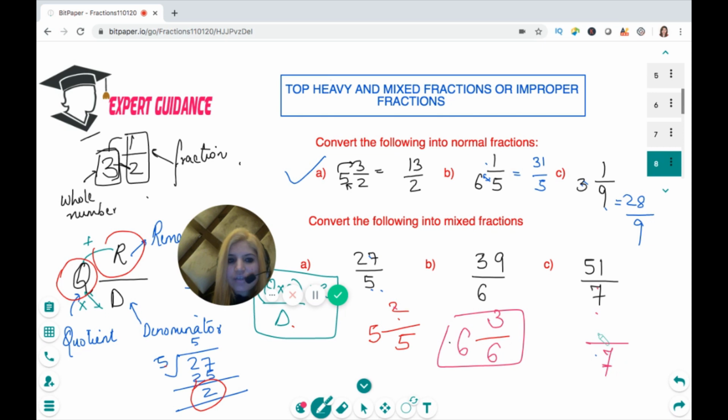You divide 51 by 7, that becomes 7 as a whole number and 2 as a remainder. Okay, so you should be able to do these questions, how to convert a top-heavy fraction into a mixed fraction and a mixed fraction into a normal fraction. Now when we add, subtract, divide, we'll also do them with the mixed fractions as well.